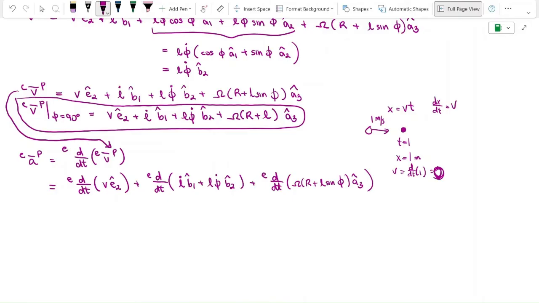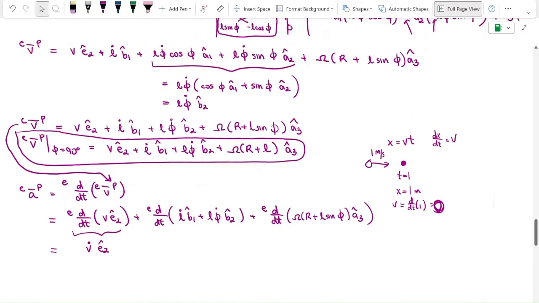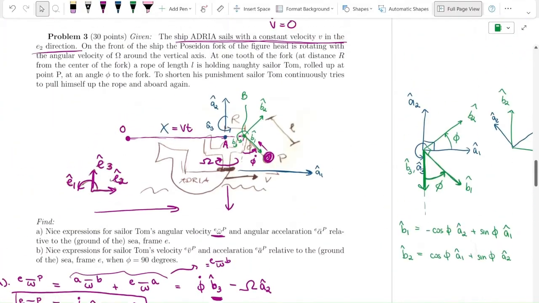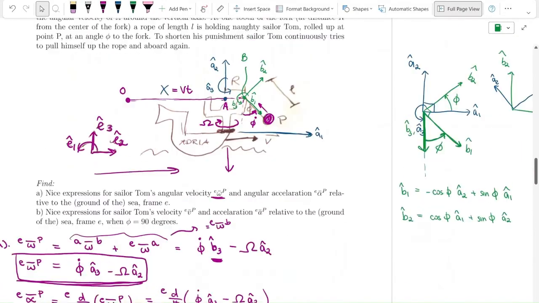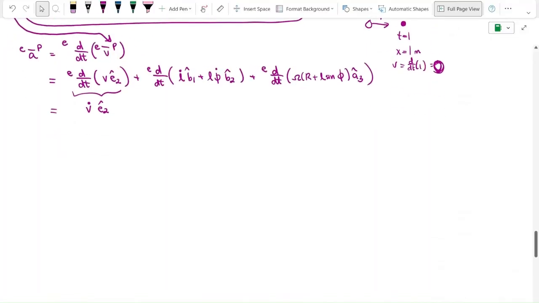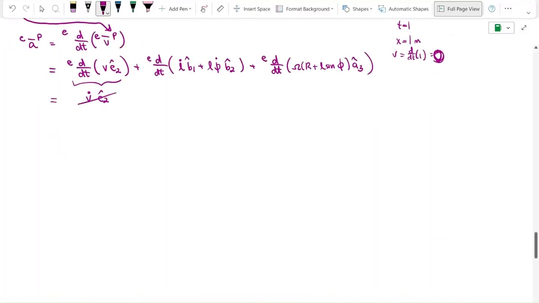Okay, so this becomes obviously just v dot E2 hat because it's already in the E frame, so we just take the time derivative like we normally do. Now, in the problem statement, it said that it's constant velocity, so v dot is equal to 0. So we can just say, boom, 0.